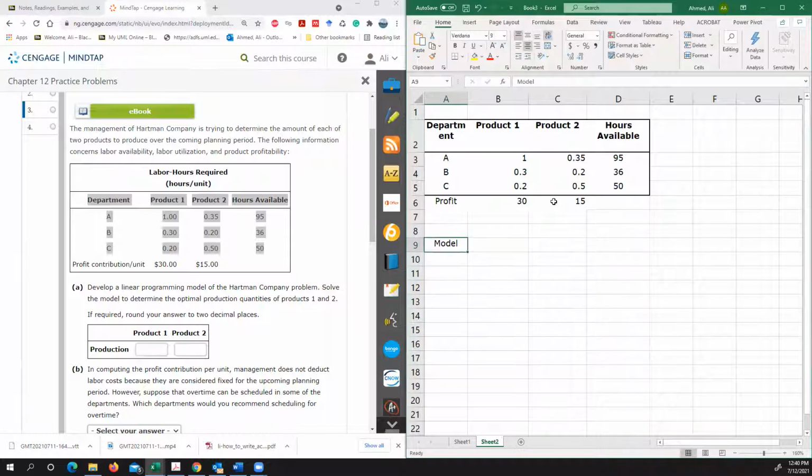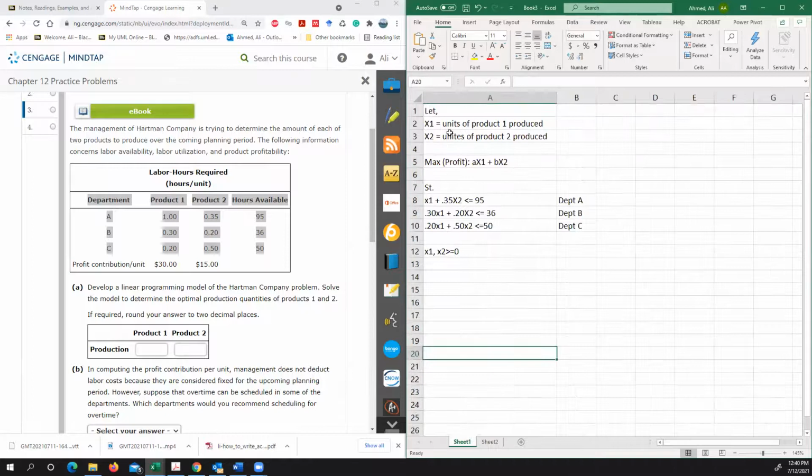So we are making a model, and first thing we'll put parameters. Now we have two values. Whenever you are at this stage, you have to think about, okay, what are the parameters? Parameters are the changing values. So we can change x1, x2.